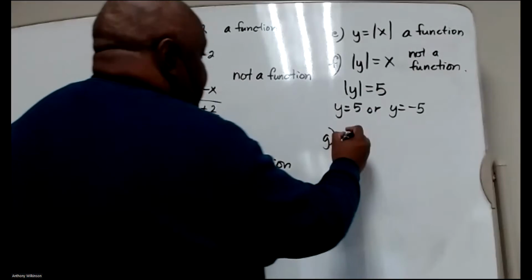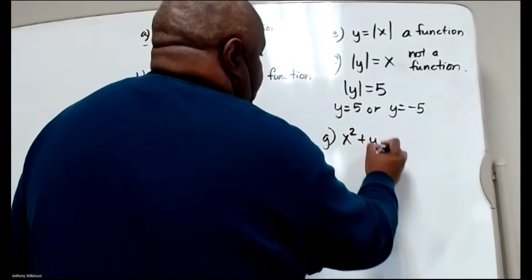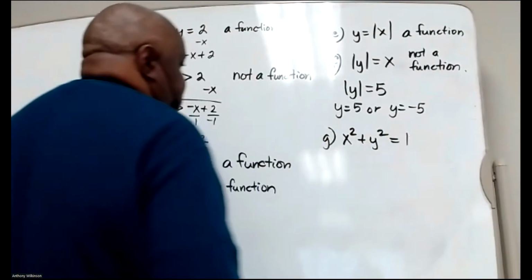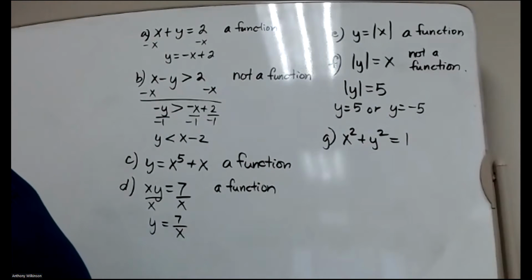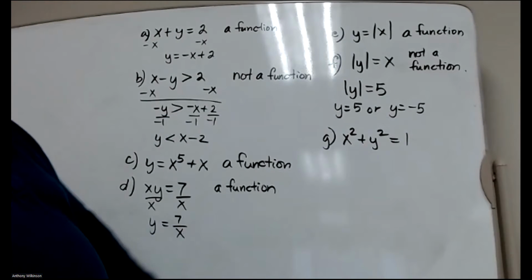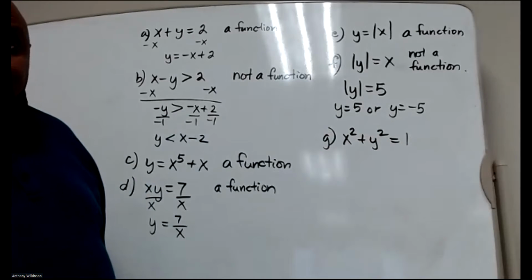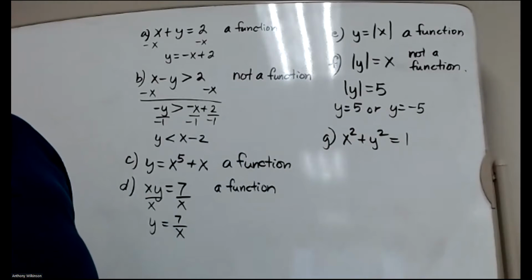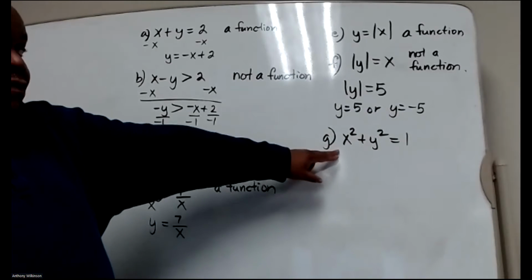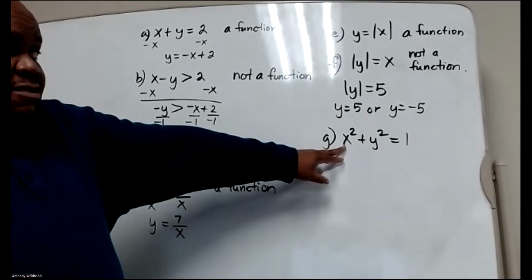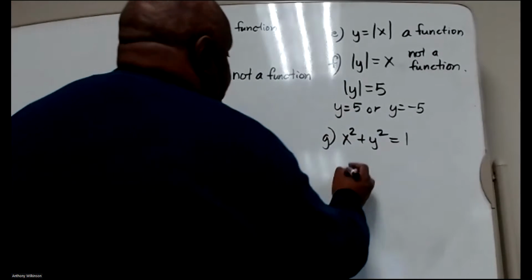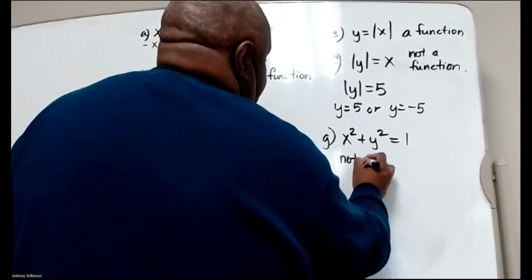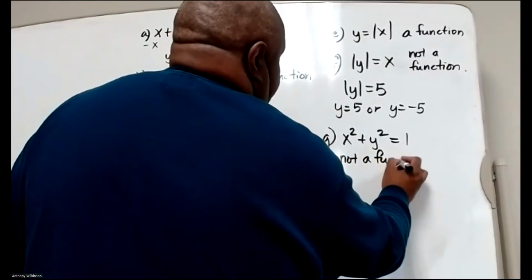What about part G? Here it's not a function because of the y to the second power. And if you take an x value and substitute it for x, you're going to end up with two different y values for it. So that equation is not a function.